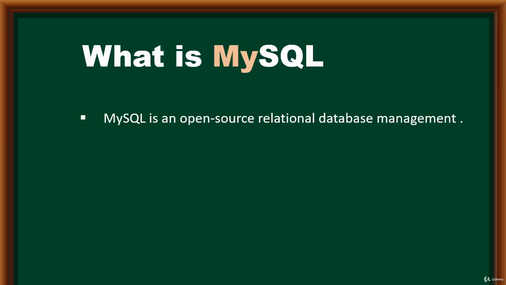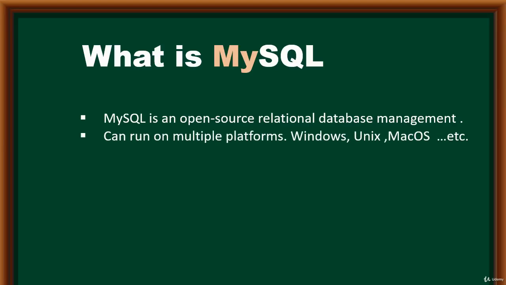So you can run it on a Windows-based computer, a Unix, which also includes Ubuntu. You can also run it on Mac OS and other related platforms. MySQL is ideal for both small and large applications. MySQL uses standard SQL.